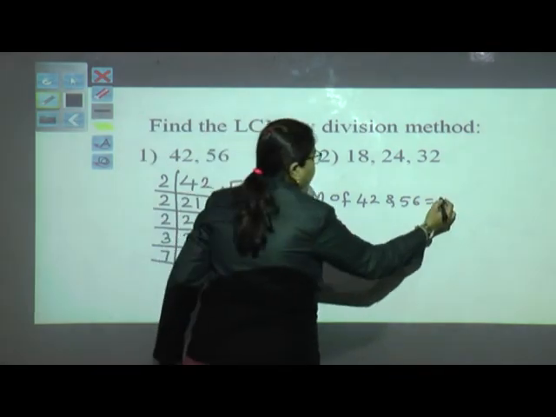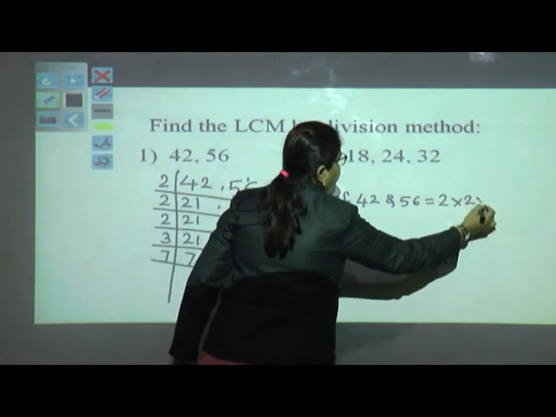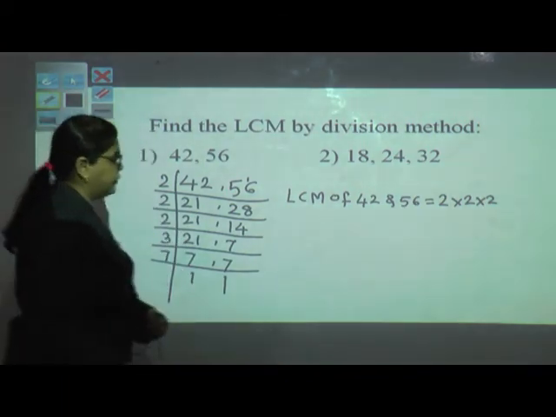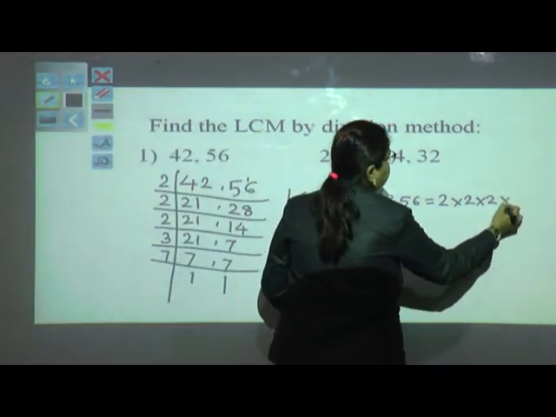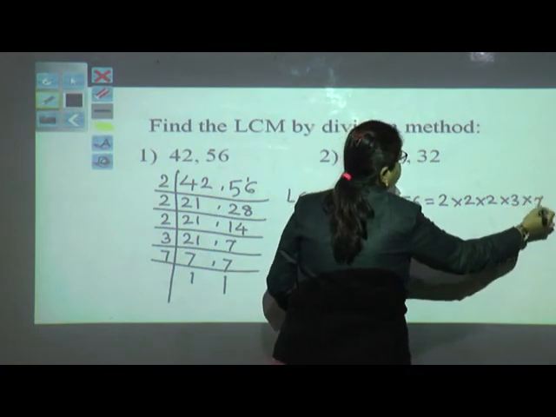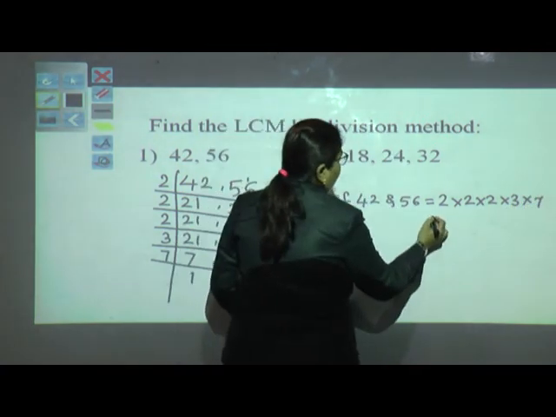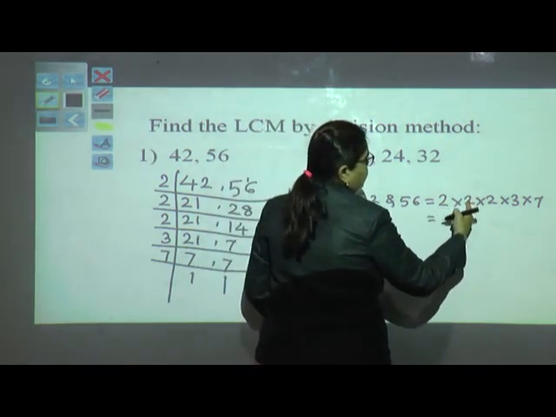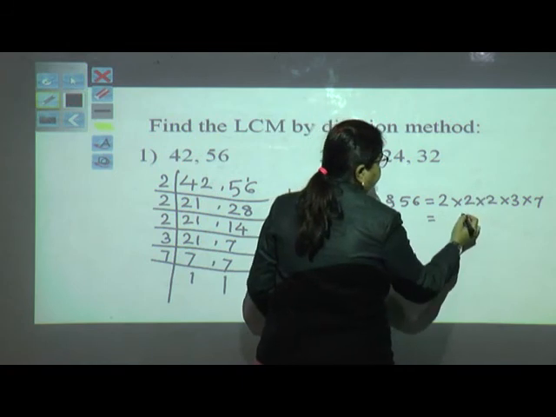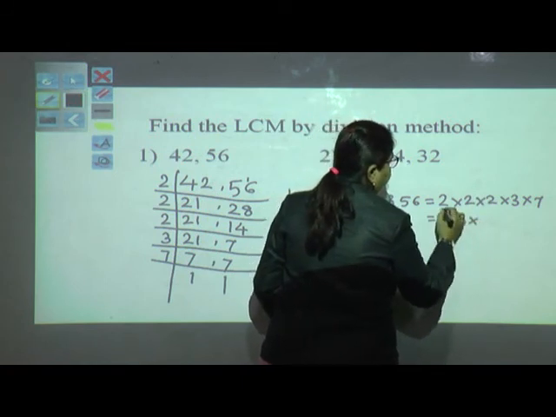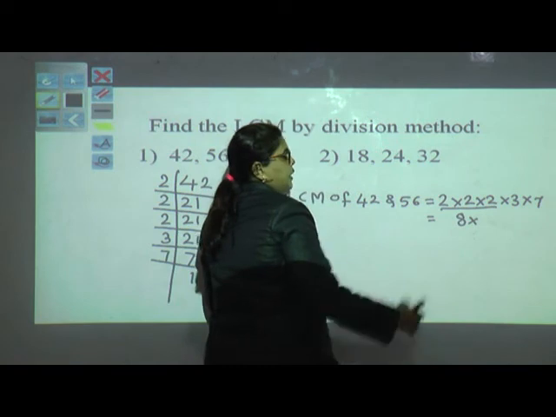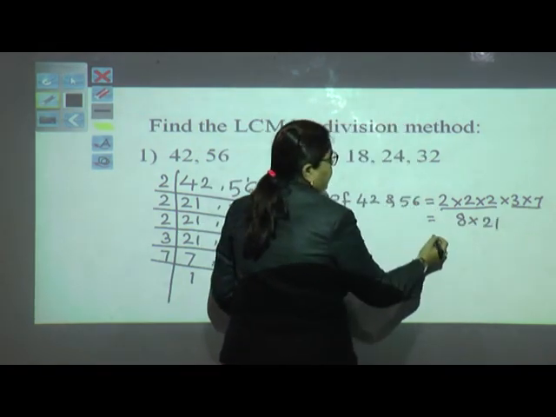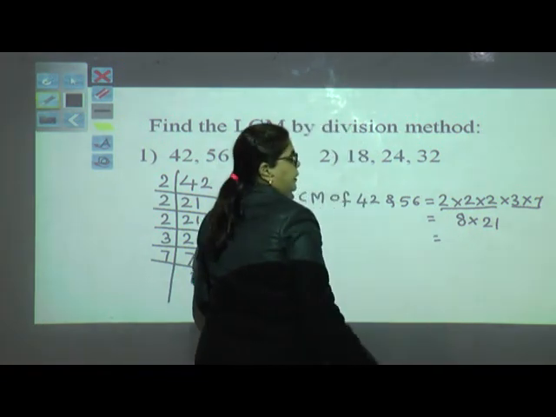So we write 2 multiplied by 2 multiplied by 2, and we have 3 one time and 7 one time, so 3 multiplied by 7. Now we multiply all. 2 2s are 4, 4 2s are 8. I did the grouping of this, and 7 3s are 21. Now it will be easier to multiply.